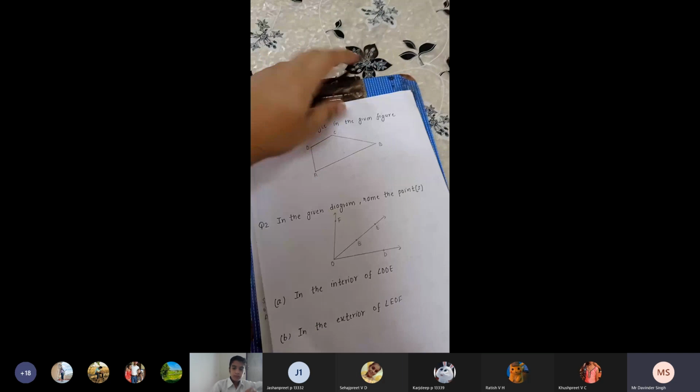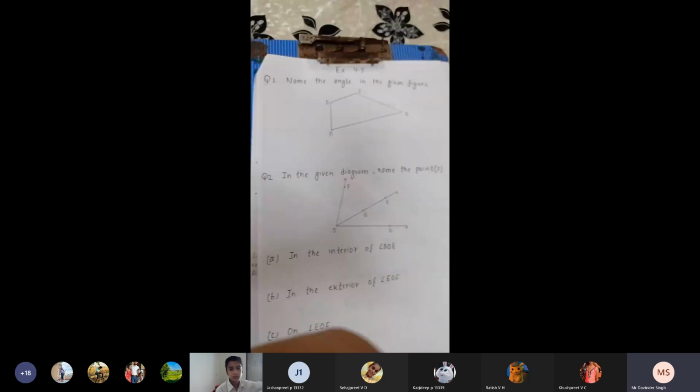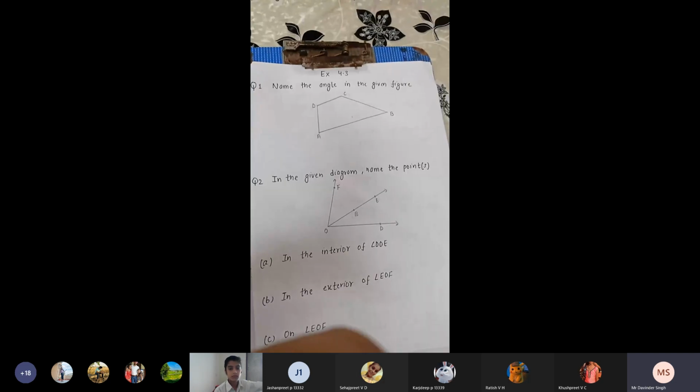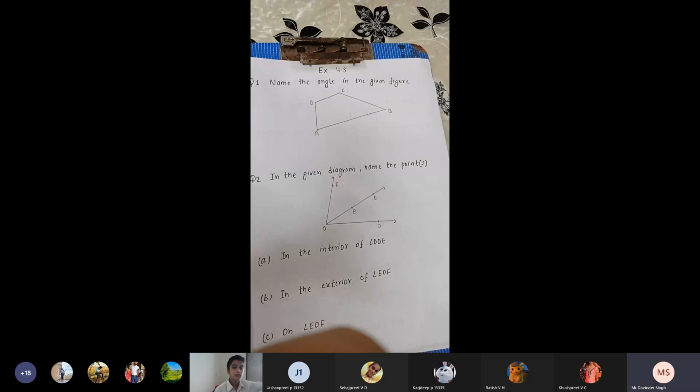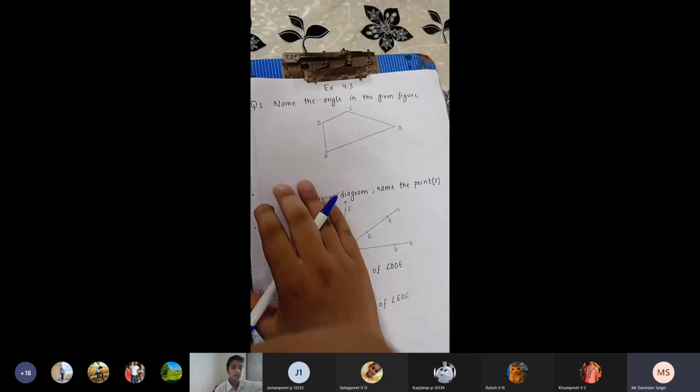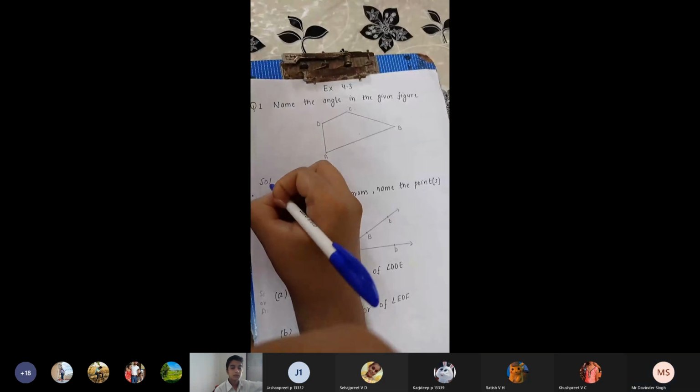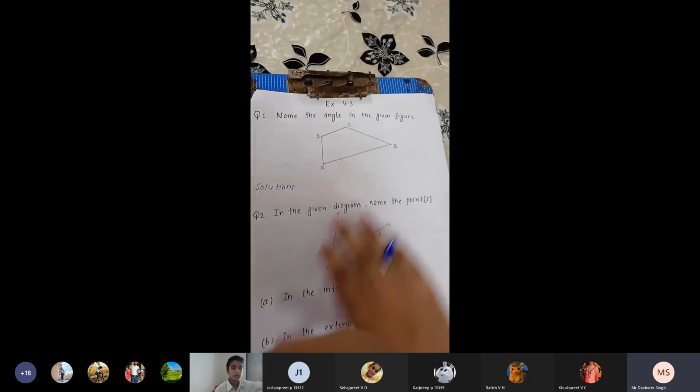So let us one by one discuss these questions. So first question is, name the angles in the given figure. So now we have to name the angles. A figure is given to us and we have to tell the angles in this figure. So what are the angles? You can see I can name the angle as DAB.